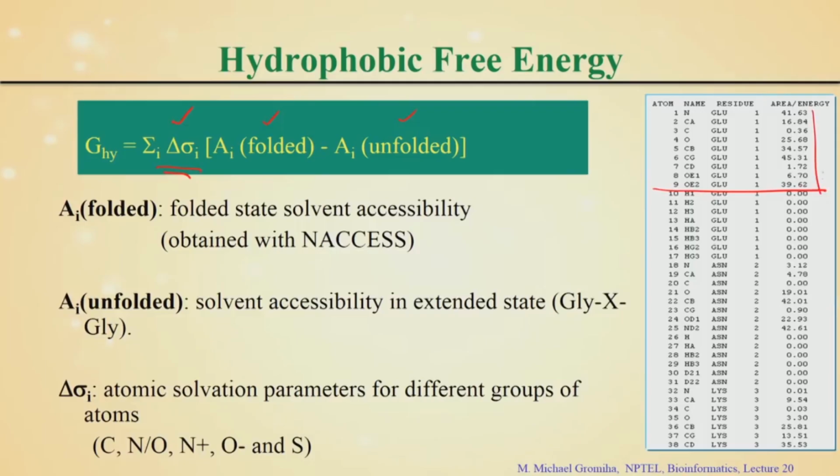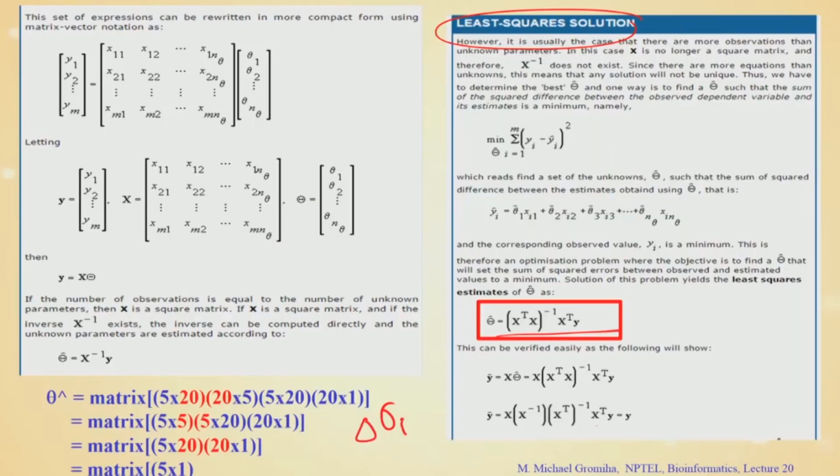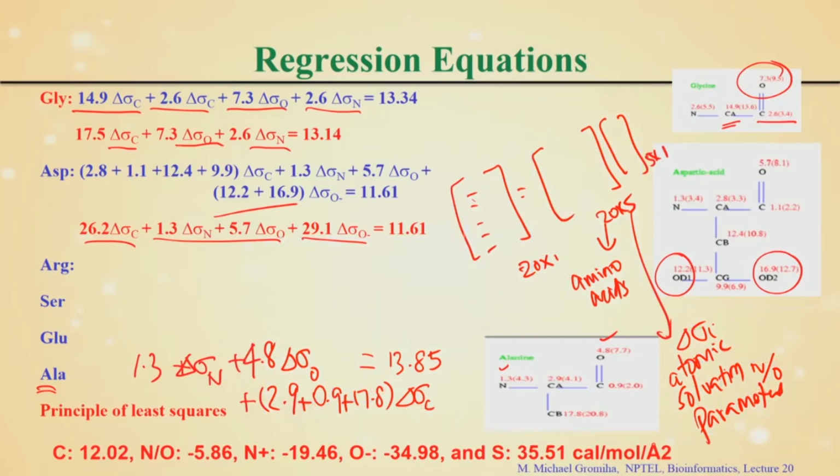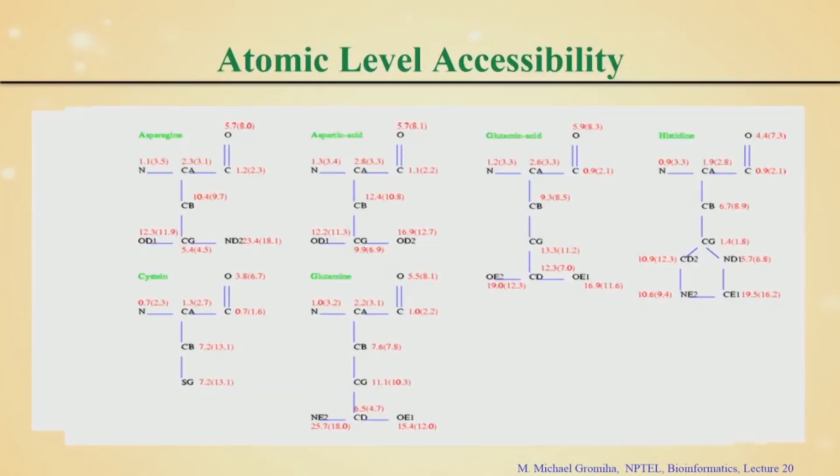Here you have the values of ASA for different atoms. For the same glutamic acid, you can get the unfolded set accessibility. So, we have the unfolded set ASA, the folded set ASA, and delta sigma I.